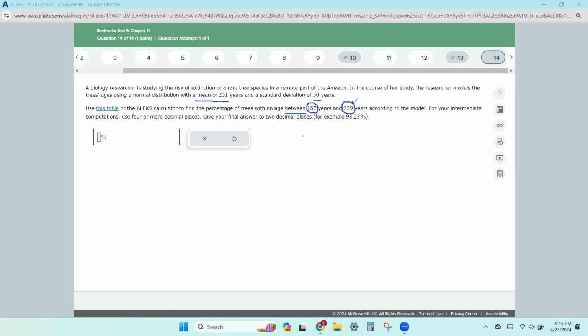Okay, so we're going to have two z-scores. The first one, I'll just do the 229 first. That's the bigger one.